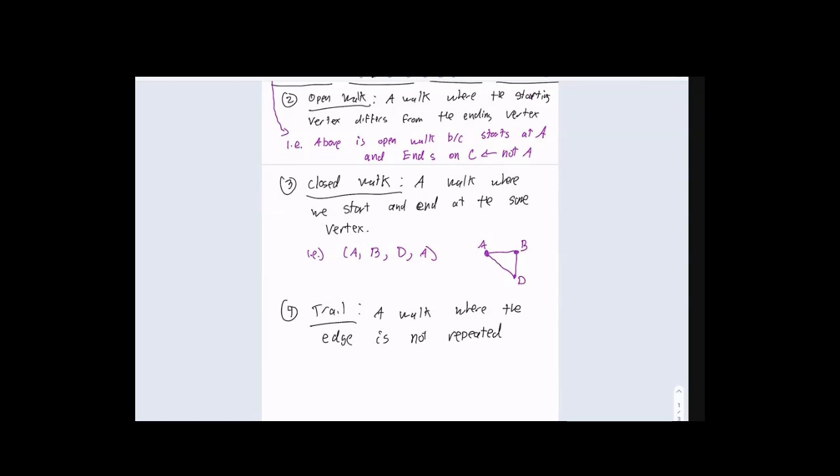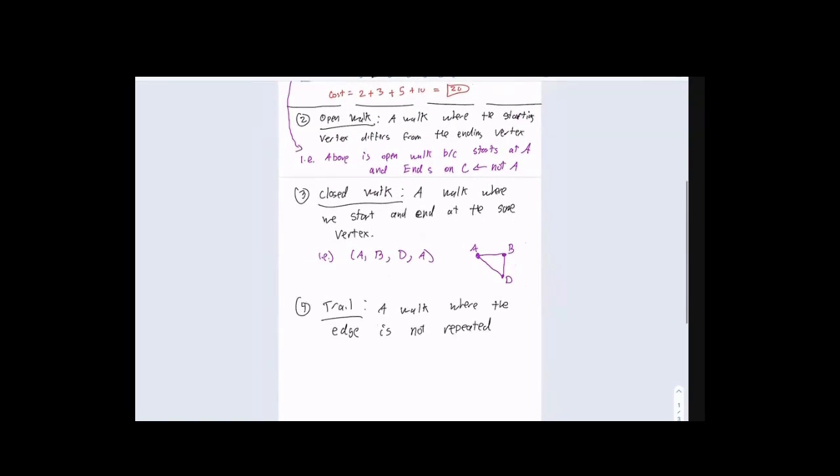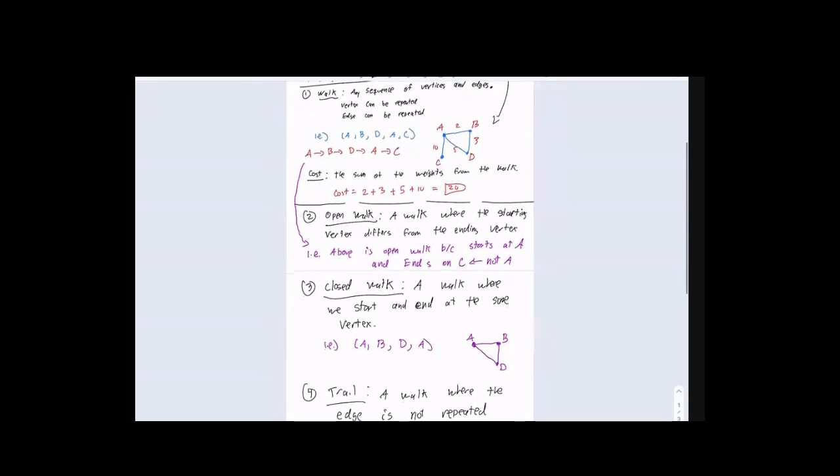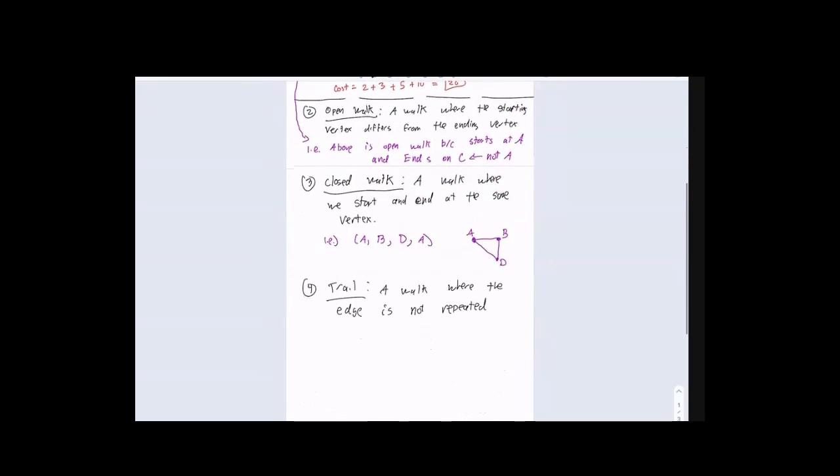Think about if you're walking on a trail, you go for a hike. If you've ever gone hiking, you might crisscross and come back and meet at the same point, but you never walk along the same path, that part that you walk on. So the above example on top, we would consider that a trail.